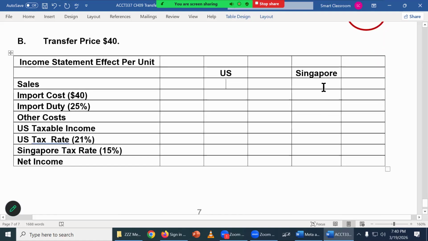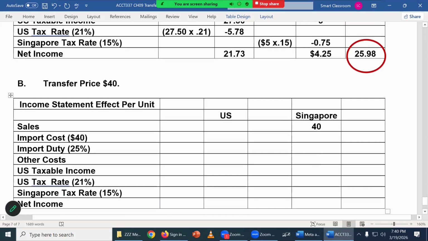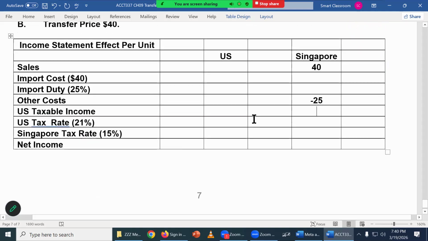So let's see how this would look. Singapore would look exactly the same, except we'd have 40. Their other costs are still 25. The taxable income is how much? 15.